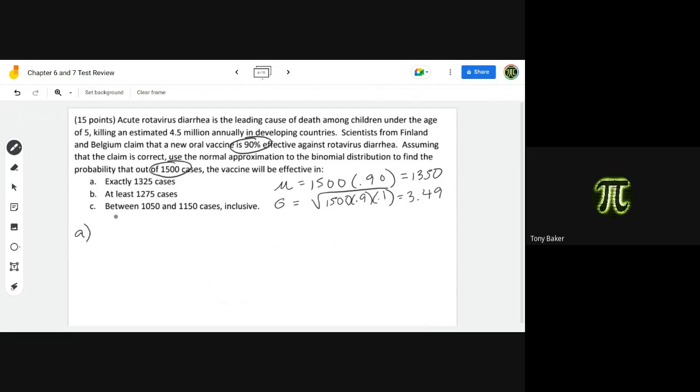So A says exactly 1,325 cases. So remember, we can't figure out exact in this one. We have to do the plus and minus the half. Remember? So we're looking for 1324.5 to 1325.5. So I need to find my z-score for each of those.